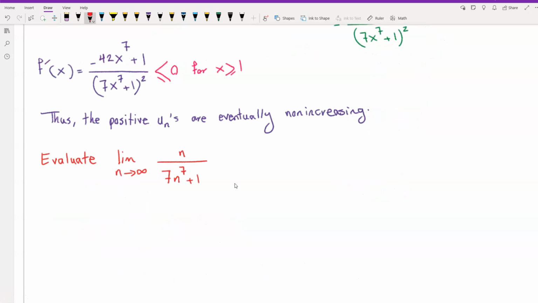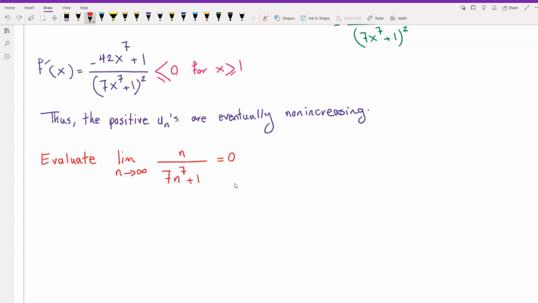So we have the first condition, the second condition, and now condition number 3. We should evaluate the limit of u sub n, which is n over 7n^7 + 1, as n approaches infinity. This is equal to 0, because the power we have in the denominator is 7, which is greater than what we have on top, which is 1.